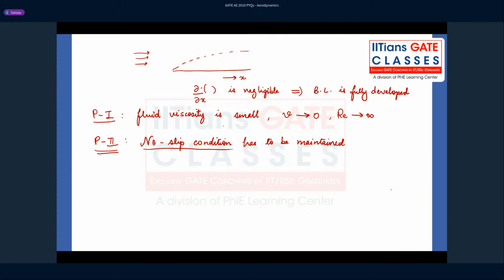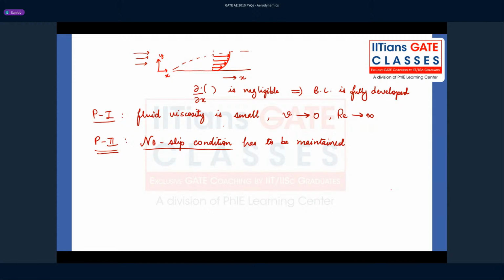Where does it have to be maintained? At the wall, right? Because the no slip condition has to be maintained, you are going to have a velocity profile something like this. So you see that the gradients are actually more along the y direction. If you draw the coordinate system, you see that the gradients are actually more along the y direction.